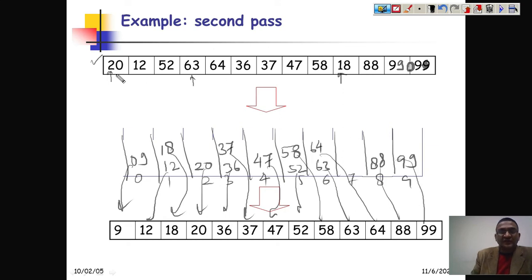And since in this sequence all the numbers are only 2-digit numbers, there is no need to go to the third iteration or the third pass, and you will realize that you have already got your elements sorted. This is a sorted list, and in this entire process we have not compared these individual elements because this is non-comparison based, and finally we get our answer.